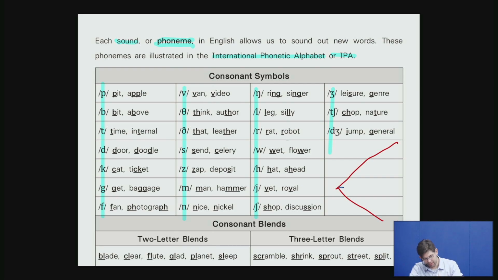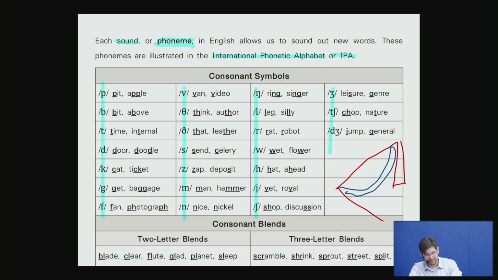My tongue is coming out and touching the top, and my teeth are right here in front of it. So I have that L sound. My tongue is coming up, touching the top of my mouth, coming down the teeth to make our L. To give an example one more time, it is leg and silly, coming down.